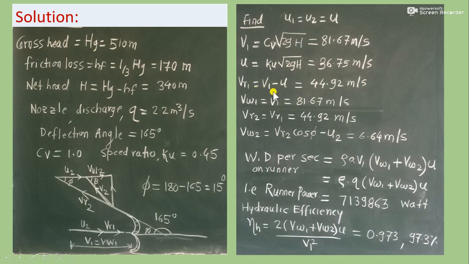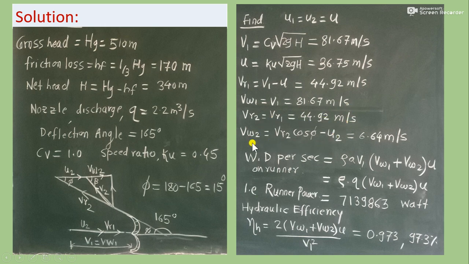Relative velocity is the relation V1 minus U. So by subtraction of these two, we get VR1. Now as in Pelton wheel, Vw1 and V1 are same, so Vw1 we take is equal to V1. VR2 and VR1 are also the same, because k here is not given, means we have to take it as 1. So VR2 equals VR1 in meter per second.